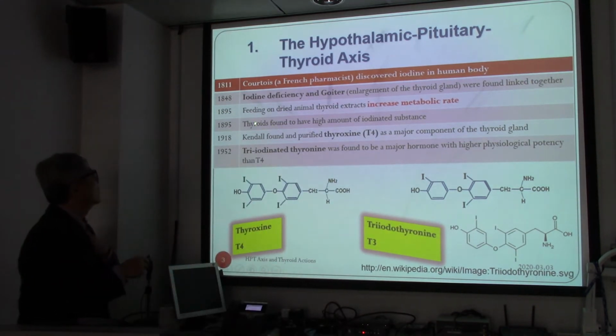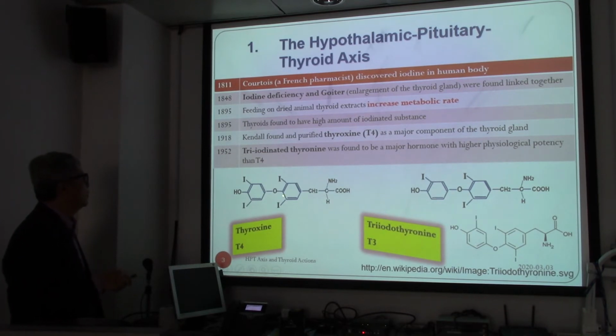Okay, so the thyroid was later found to have a very high amount of iodinated substance, and then in 1918 Kendall found and purified this hormone known as thyroxine, T4, a major component of the thyroid gland. This is T4 with the structure like this, with two benzyl rings linked with oxygen and then four iodines there.